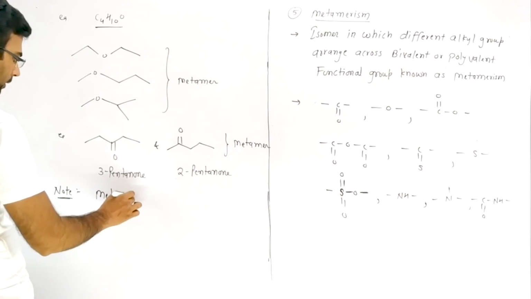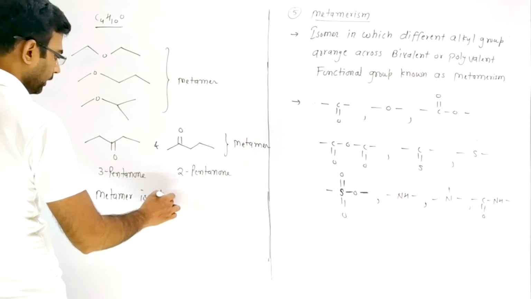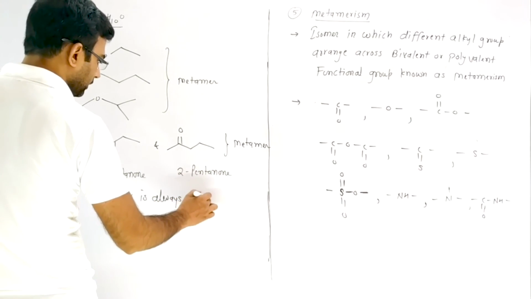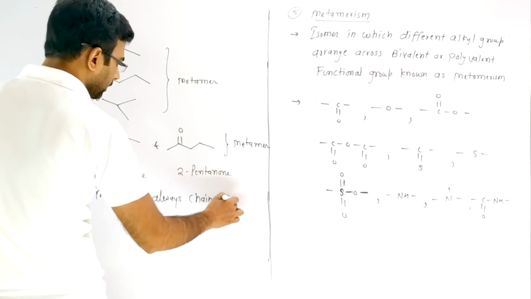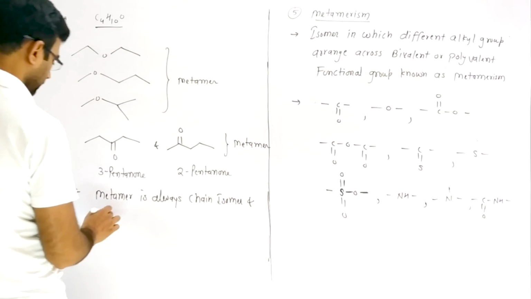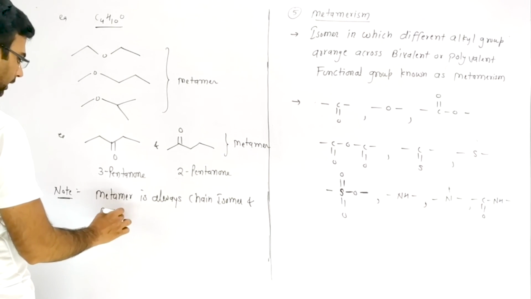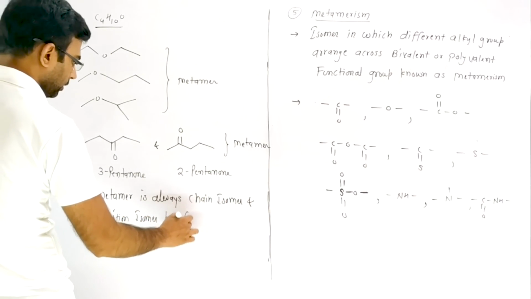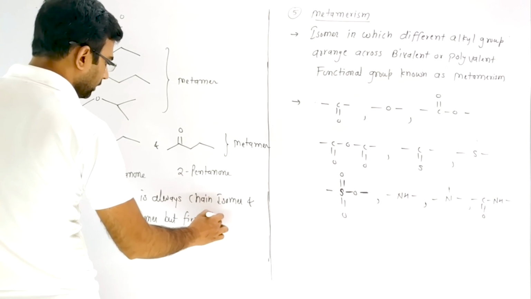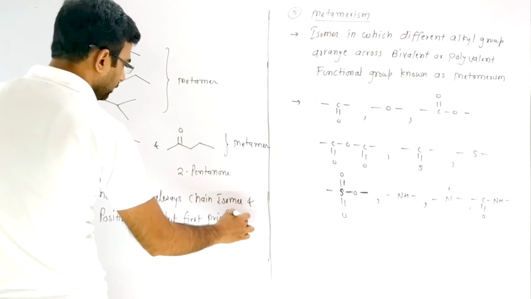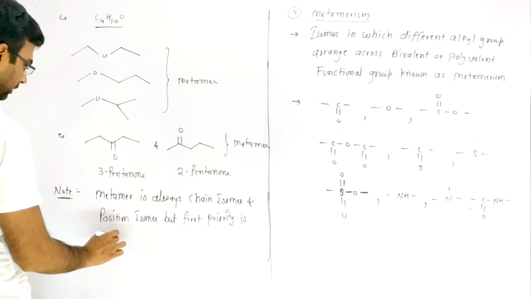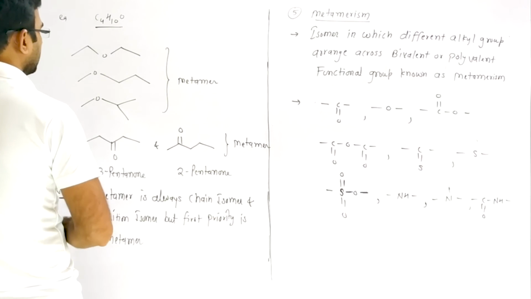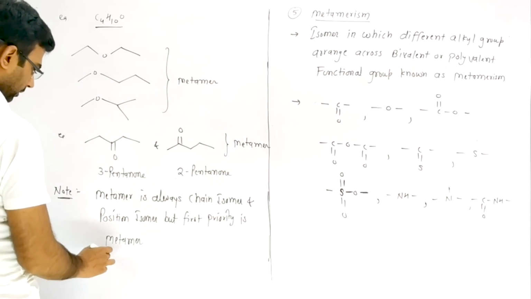Now one important point: metamers can also be chain isomers and position isomers, but the first priority is metamer. Like we have an example.